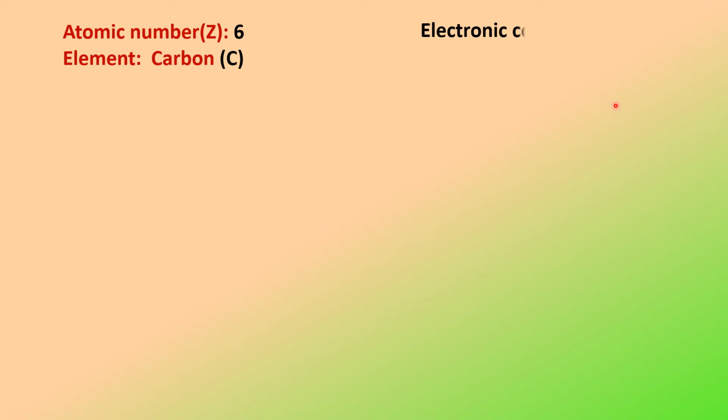Its atomic number is 6. Its symbol is C. Its electronic configuration is 1s2, 2s2, 2p2. So the second shell contains 4 electrons and the first shell contains 2 electrons.